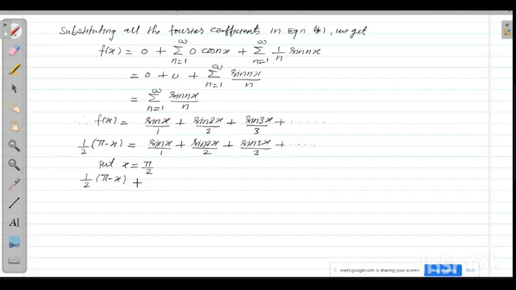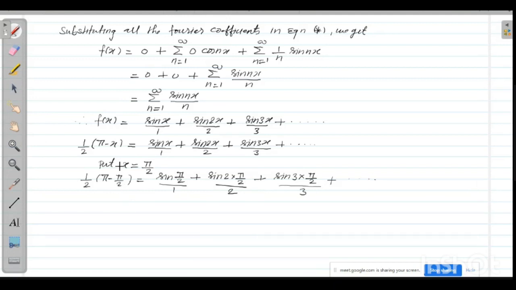So we get 1 by 2 into pi minus x equal to, instead of x we put pi by 2, so this is pi by 2, and this equals sine pi by 2 by 1, and plus sine 2 into pi by 2 by 2, and plus sine 3 into pi by 2 by 3 and so on.